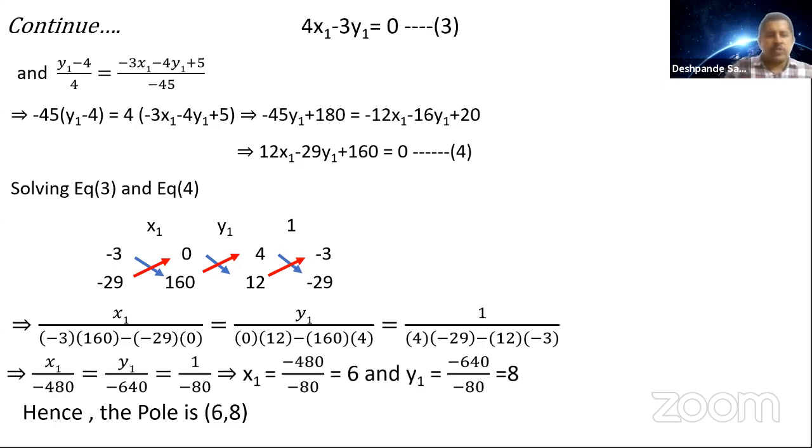So x1 by minus 480 is equal to y1 by minus 640 is equal to 1 divided by minus 80. So the value of x1 is minus 480 by minus 80, y1 is minus 640 by minus 80. So you can cancel negatives here. So it is 6 and this is 8. So the pole is (6, 8).